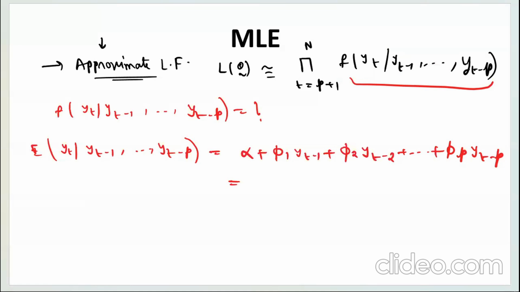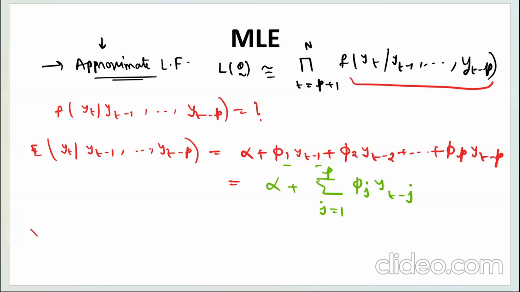In general, you write alpha plus summation phi j yt minus j, where j varies from 1 to p.